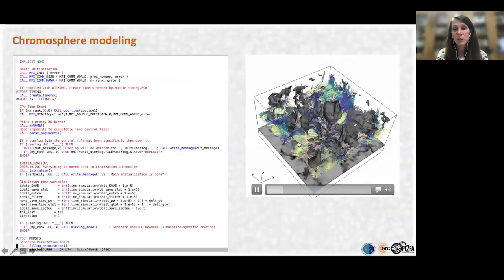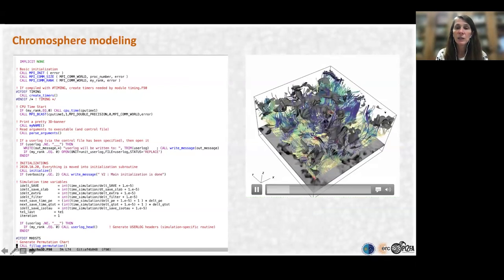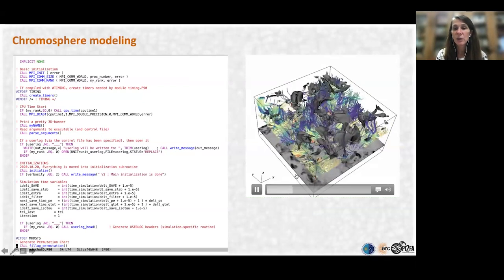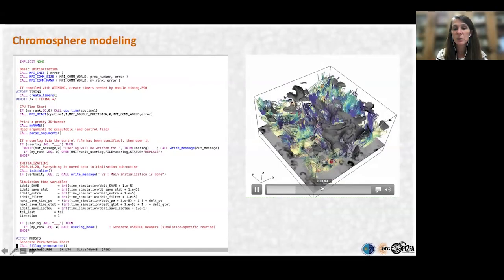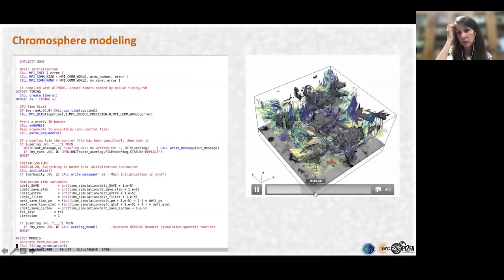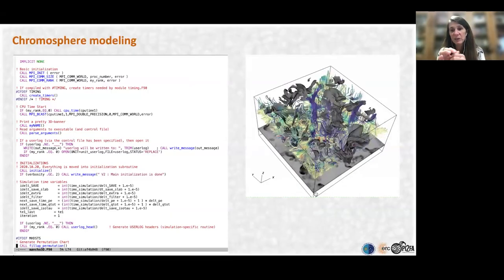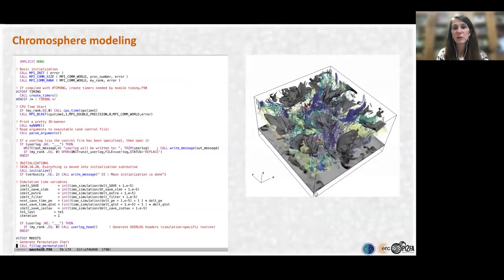We call this model a box in a star because it's a very small box of the sun, of the size of 6,000 by 6,000 meters horizontally and about 3,000 meters vertically. So compared to the solar surface, it is a very, very tiny region.